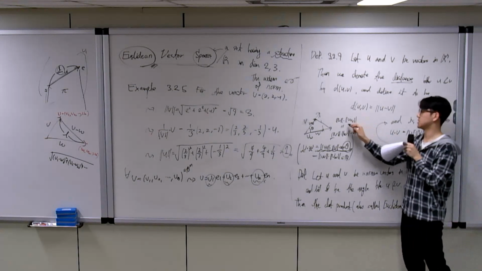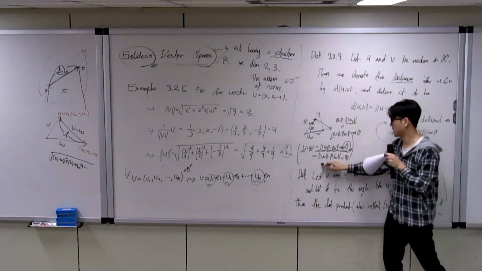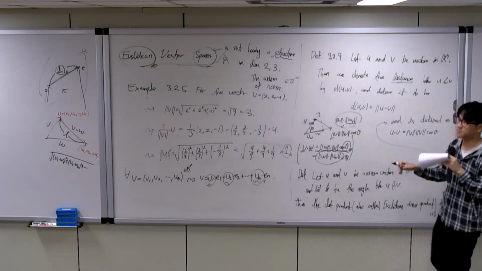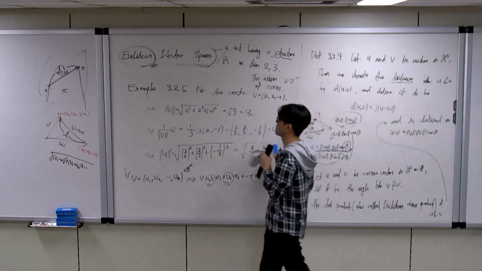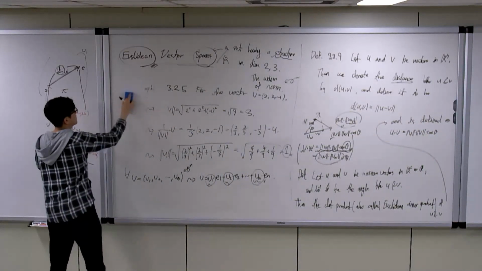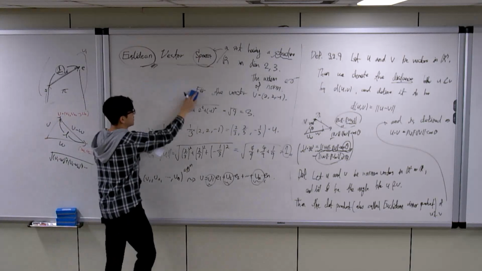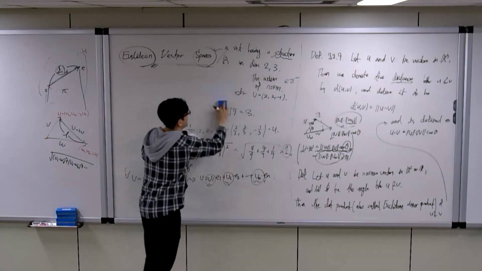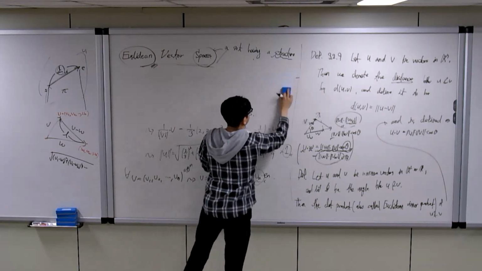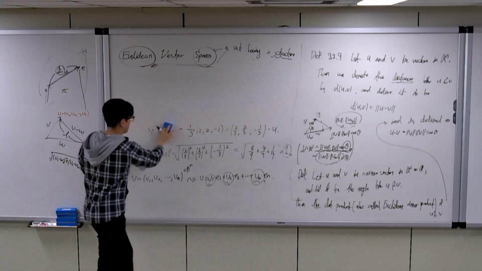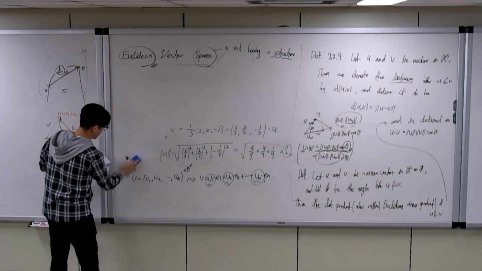By using this notation, we can get that they are the same, so it is well defined. And to generalize them to R to the n, I will focus on the properties of the inner product.